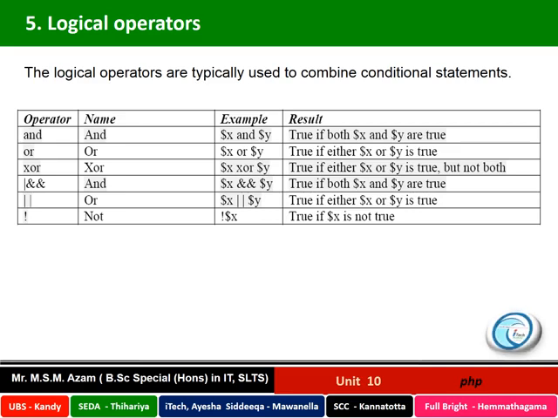It returns true if either x value or y value is true but not both. The last logical operator is NOT operator. In PHP, we represent NOT operator by exclamation mark. See the example, !$x. It returns true if value of x is not true only.